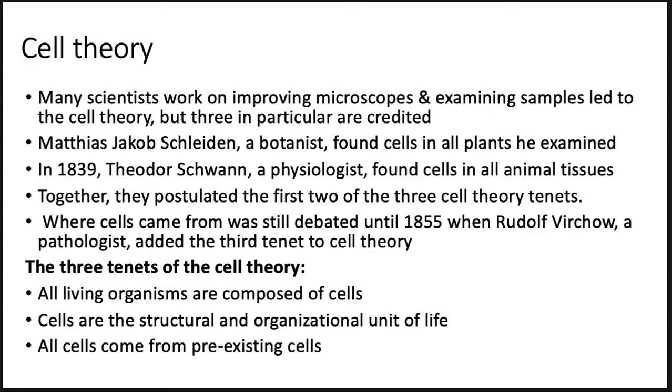But together, all the work of all the different scientists, we came up with the cell theory. Okay. And so really this work started back in 1665 with Robert Hooke and also Van Leeuwenhoek, when they came up with finding cells in microorganisms for the very first time.